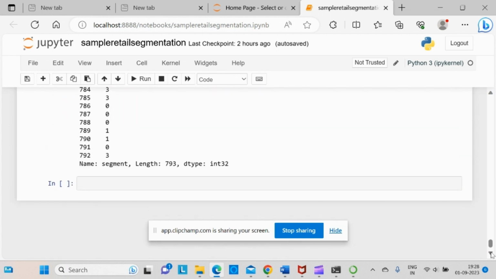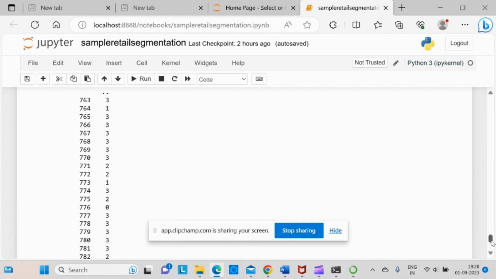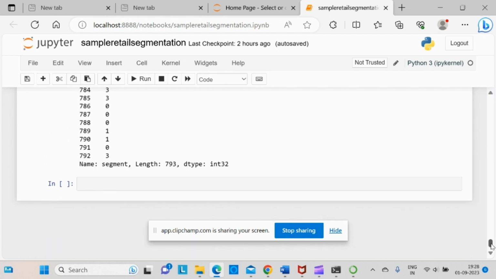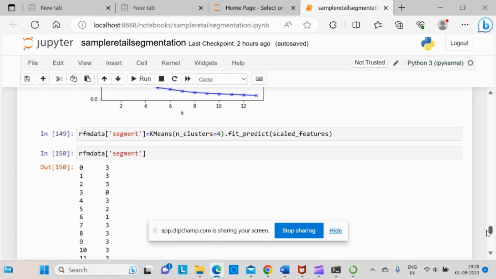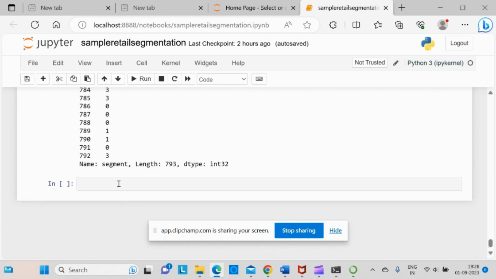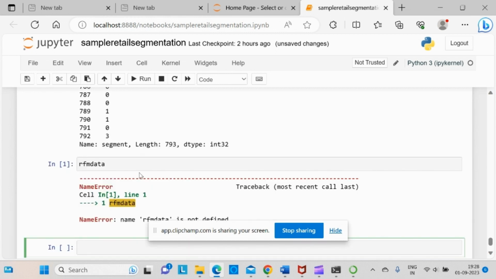Once we do that, for our RFM segmentation, all we have to do now is take a snapshot of the RFM. So I'll run this code again.